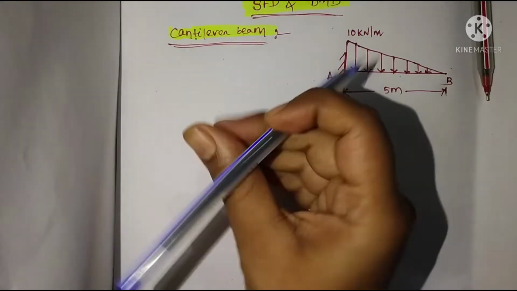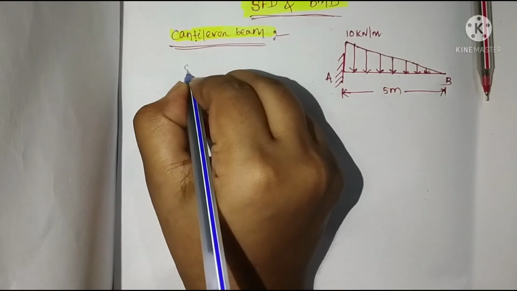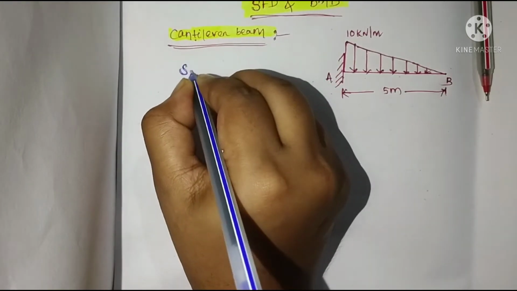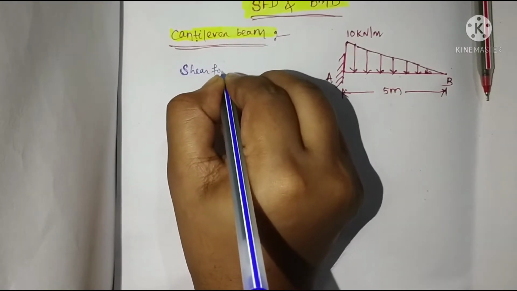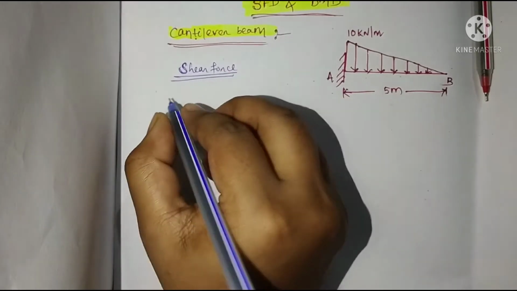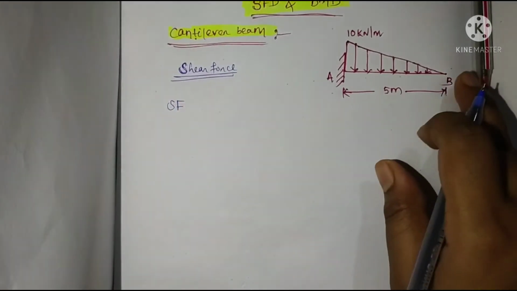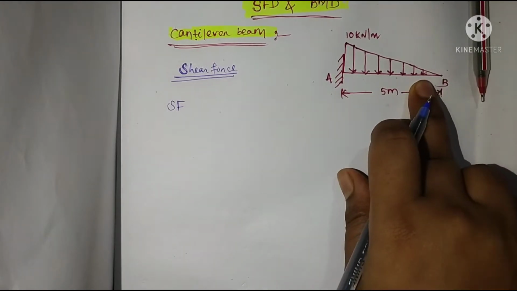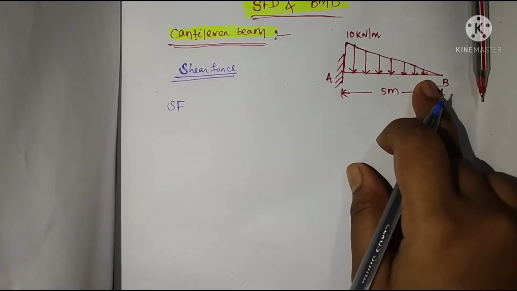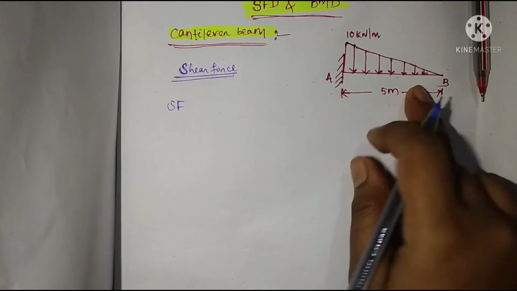Now we will start by calculating the shear force value at each point. First, we are calculating shear force at the left or right of the section. We always calculate shear force just left and just right of the section.